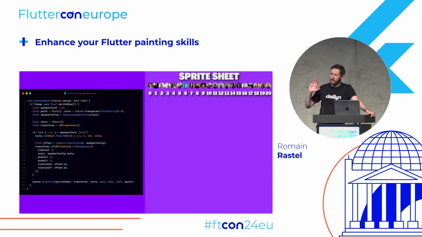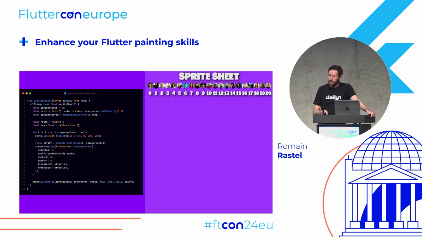My sprite sheet here is just a long line of 21 speakers. Each speaker is about 400 by 400 pixels, and they all have the same offset for the top, so it's easier to get the speaker we want.